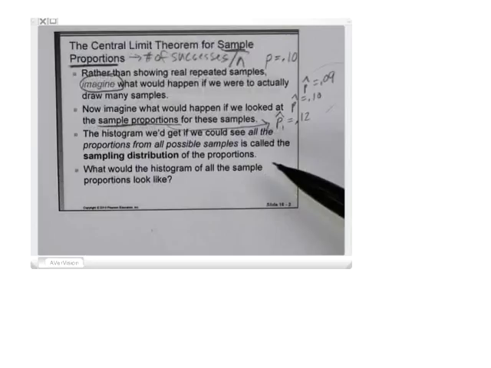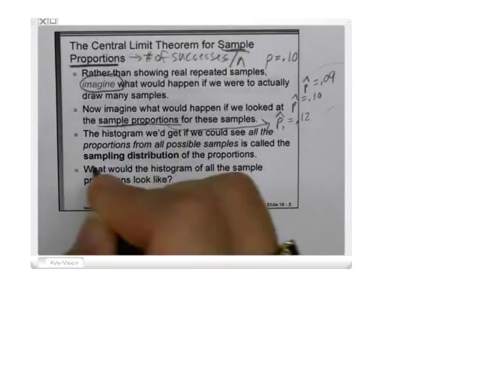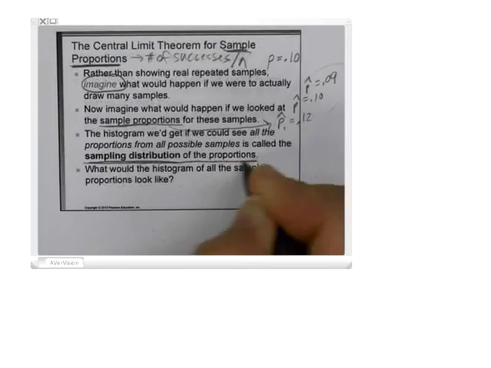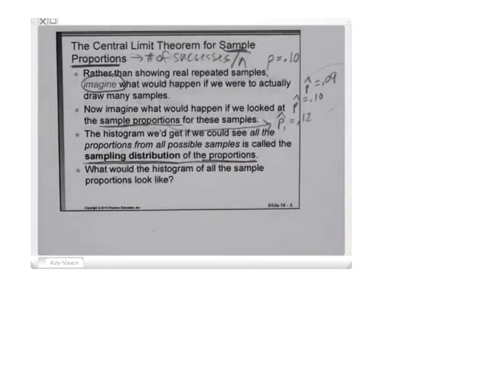Now, imagine if we took all of those sample proportions and made a histogram of all of these sample proportions. This is called the sampling distribution of the proportion. A histogram of all of the sample proportions.